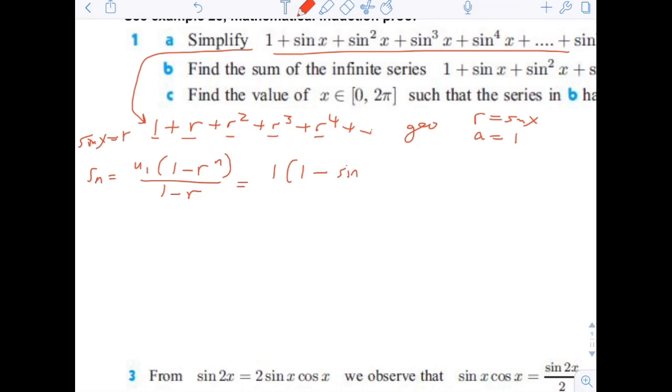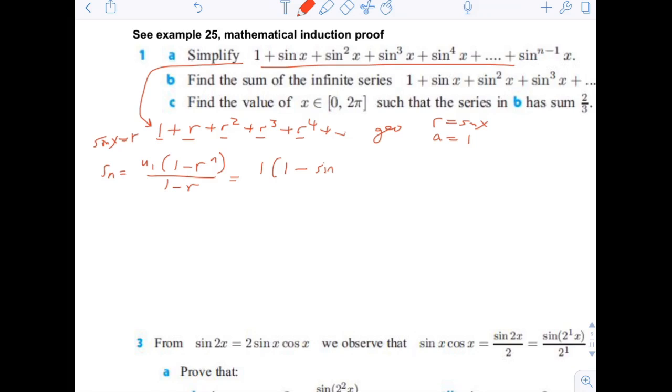The last exponent here is n minus 1, so the last term is the nth term, so that would be sine to the n of x. And on the bottom, I'll have 1 minus sine of x.